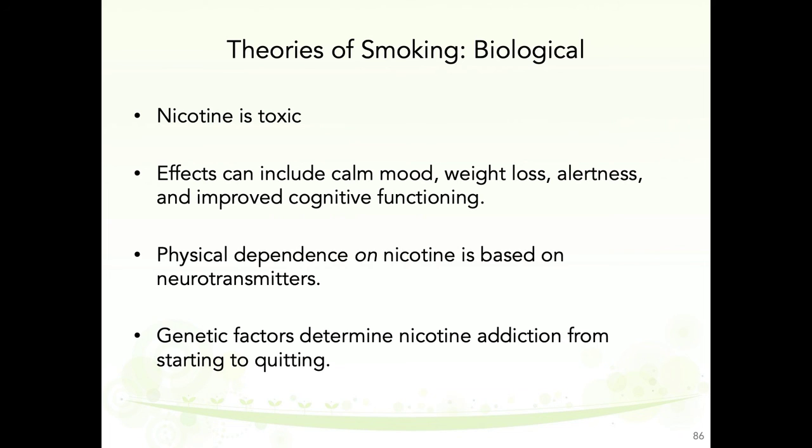Physical dependence on nicotine is based on hormones and neurotransmitters, which we can maybe measure and manipulate, who knows. And genetic factors also determine susceptibility to addiction, or susceptibility to starting smoking in the first place. And this is a valuable perspective. This is all potential mechanisms and interventions.